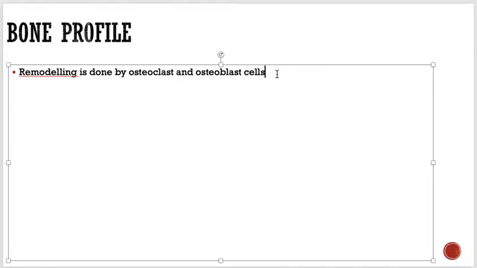You can see the normal physiology of the remodeling, and this remodeling is basically a continuous process. And how to remember this: C is for cut and B is for build. So remember, osteoclasts are the bone cutting cells and osteoblasts are the bone building cells.